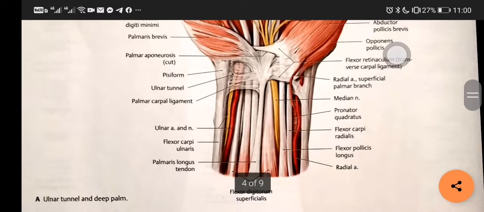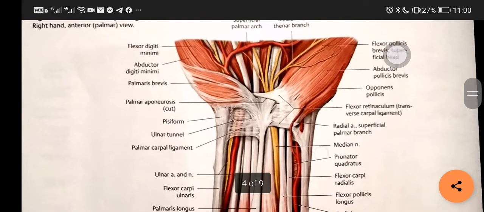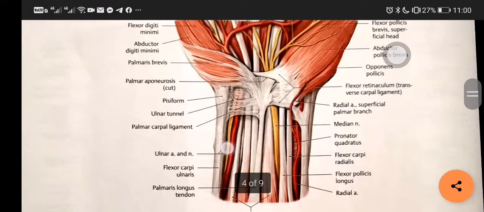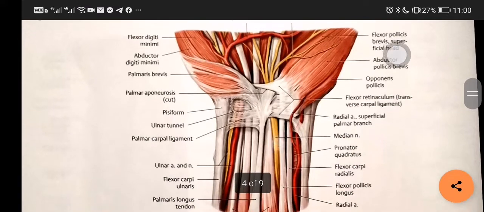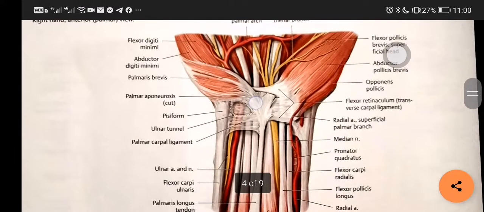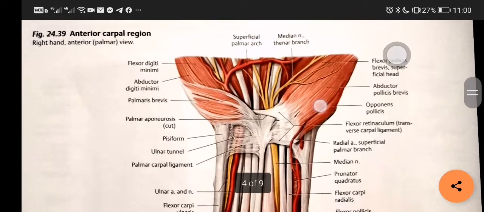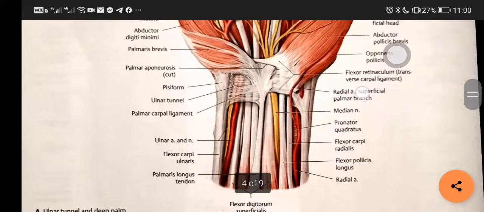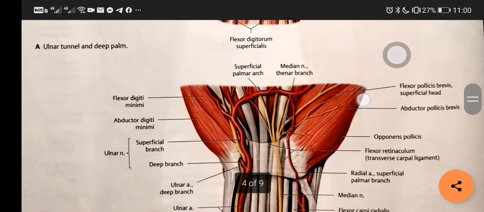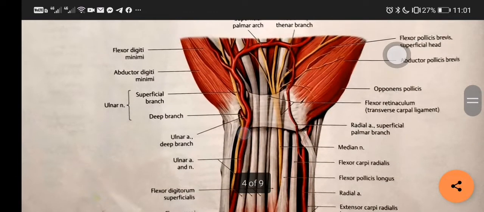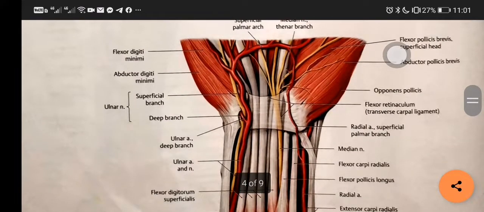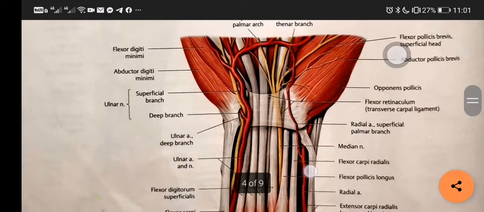That is your radial artery, and the artery over here is the ulnar artery, and there are nerves. There's an ulnar nerve and a median nerve as well. You can see here as well, the ulnar nerve, the ulnar artery, and the median and the radial artery.